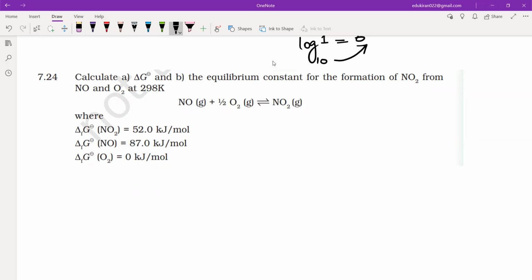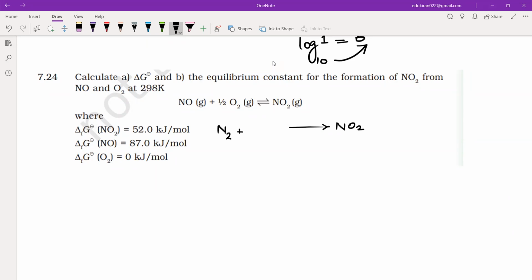So what is given here? Enthalpy of formation of NO2. So I will form NO2. Now tell me, what are the elements that are forming NO2? Oxygen and nitrogen. So what is the most stable state of nitrogen and oxygen? N2 plus O2 gives NO2.